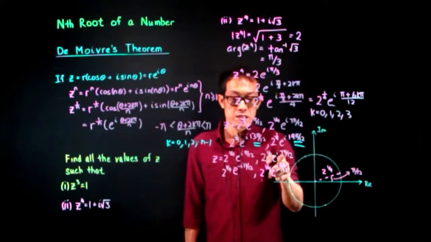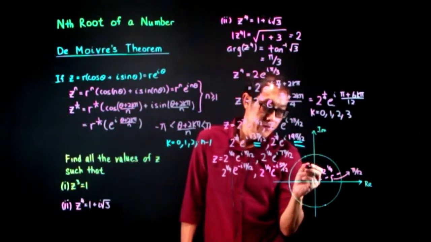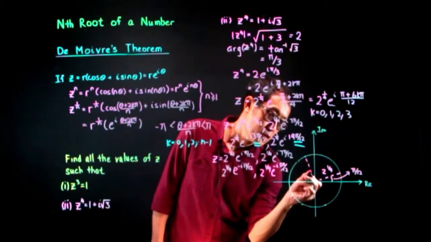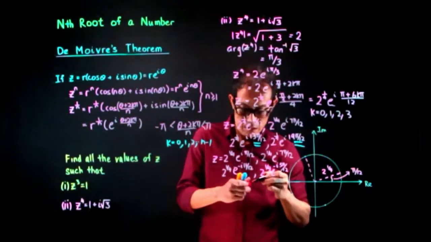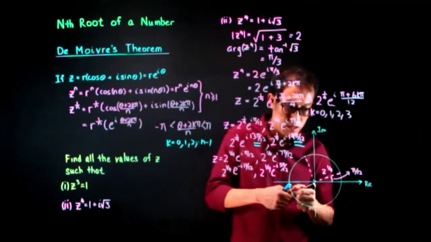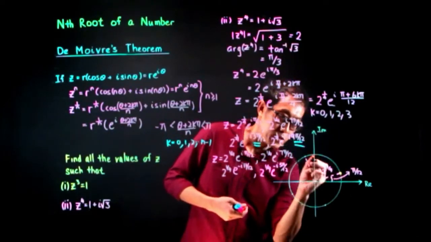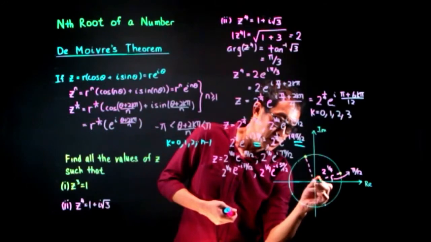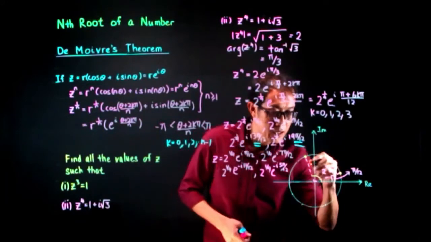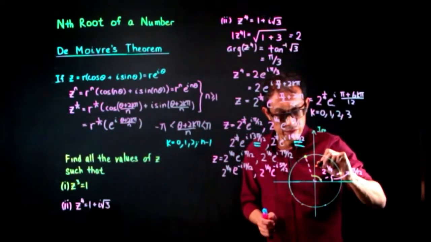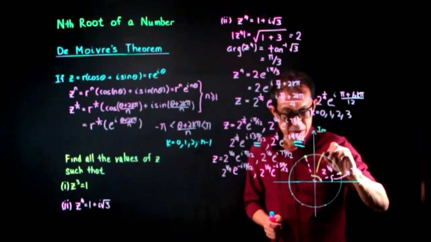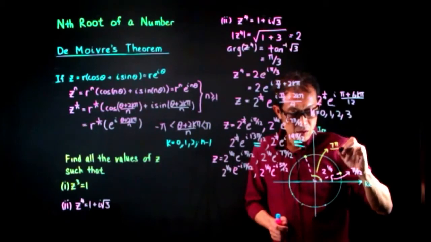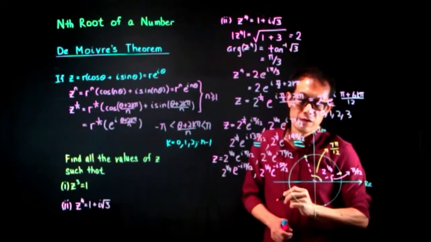The next one is 7 pi over 12. So this is the first one, and from here to here, it will be 7 pi over 12. Maybe I just put an arrow, 7 pi over 12.